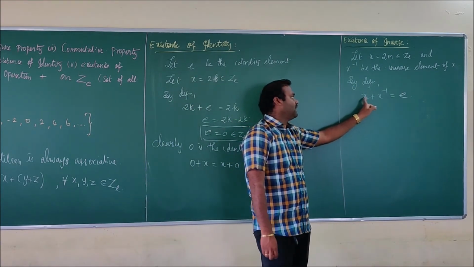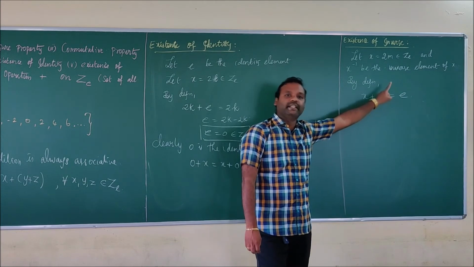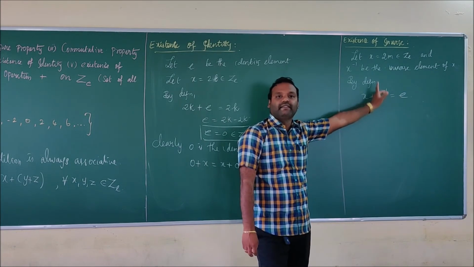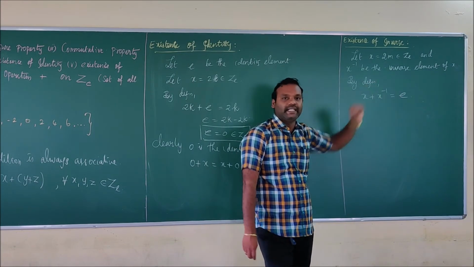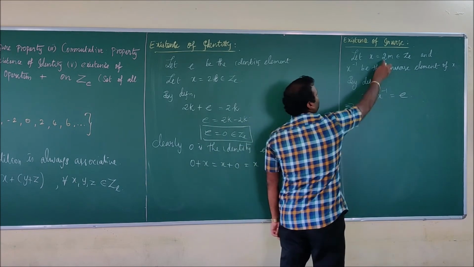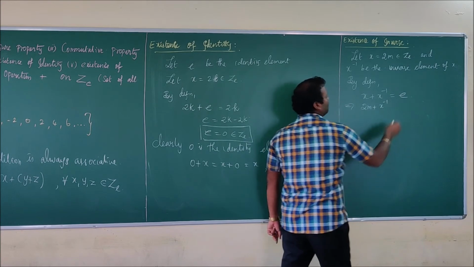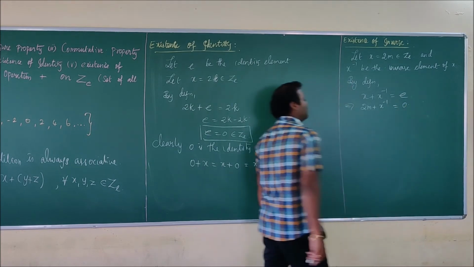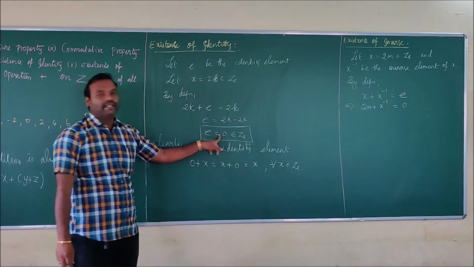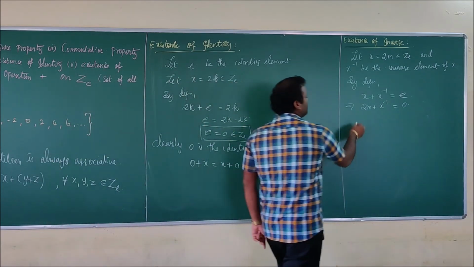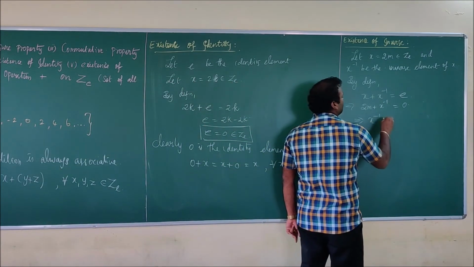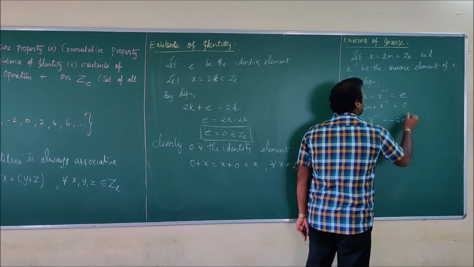When you operate an element with its inverse, the answer is your identity element. We have taken x as 2m, plus x inverse we are going to find, and the identity element we have already found out, which is 0. From this you get that x inverse is equal to minus 2m.